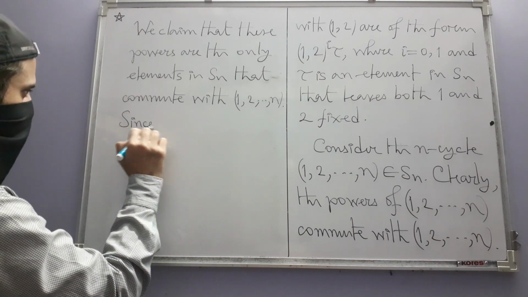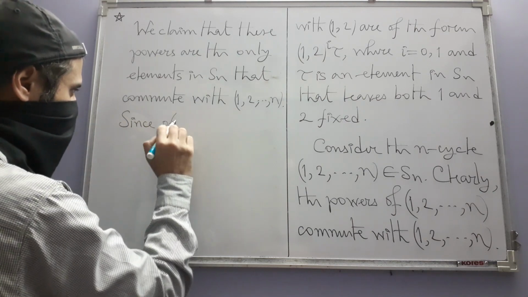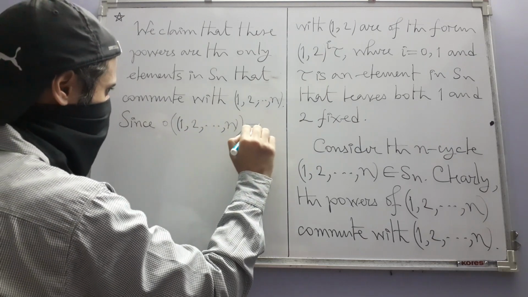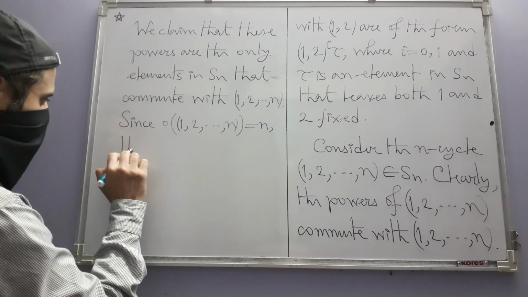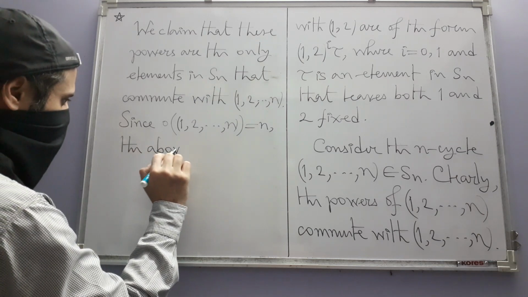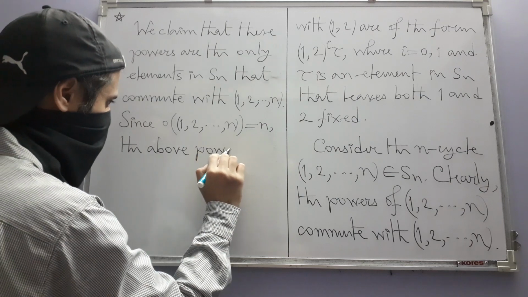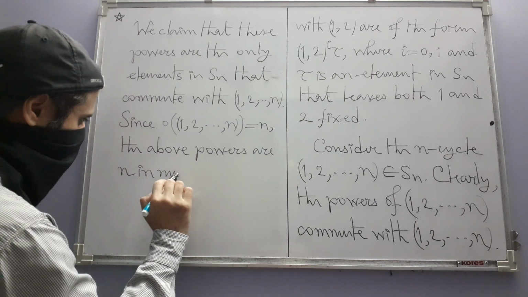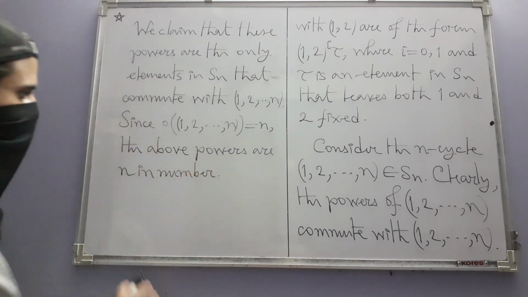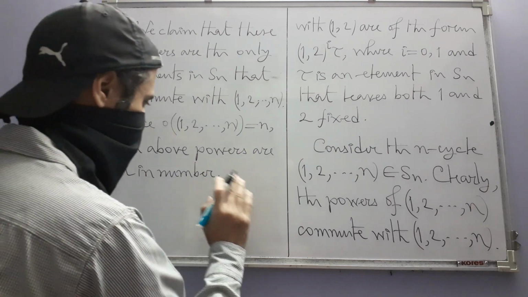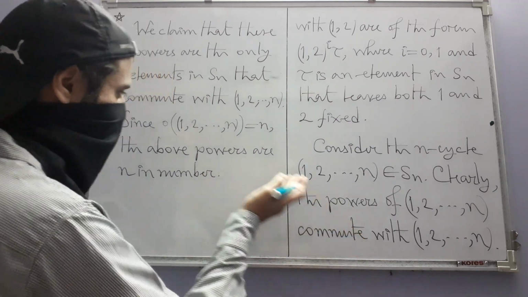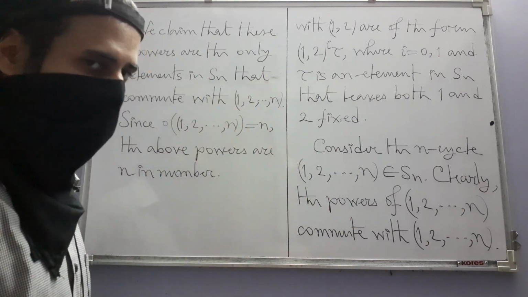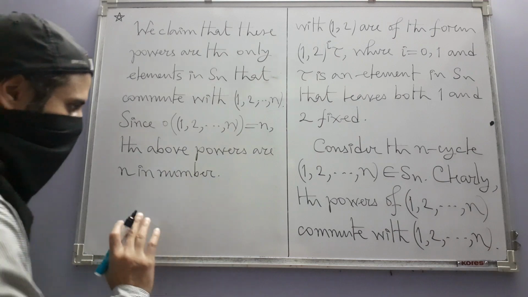Since the order of the n cycle is n, the above powers are n in number. Right. So that means we have already found n elements in Sn that commute with this n cycle. Okay, these powers, integral powers.